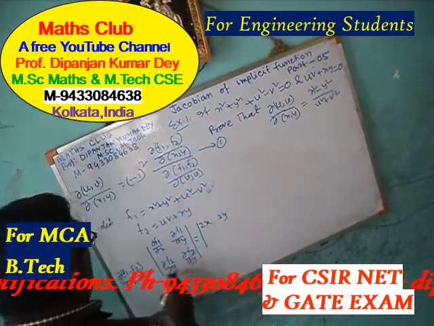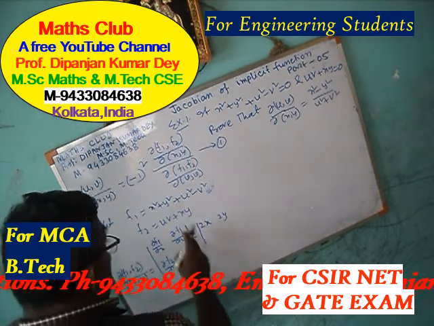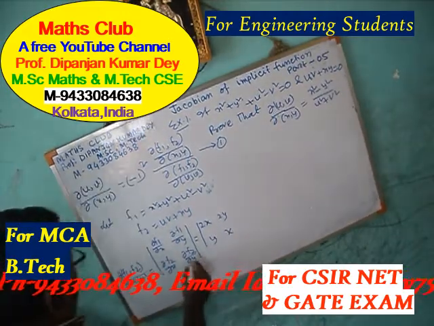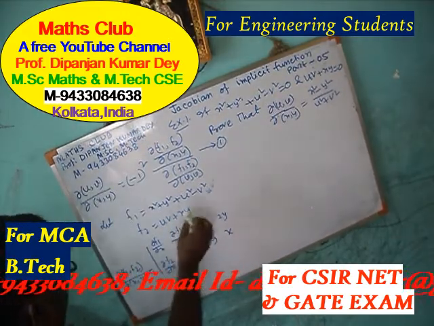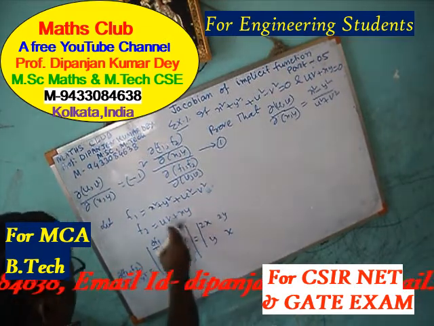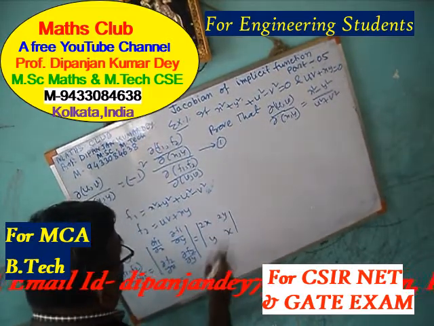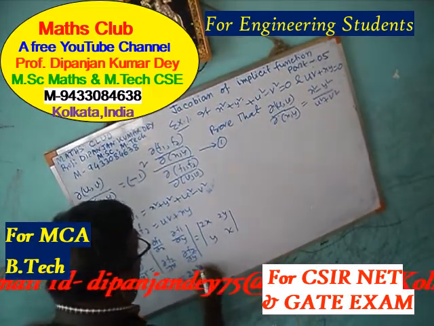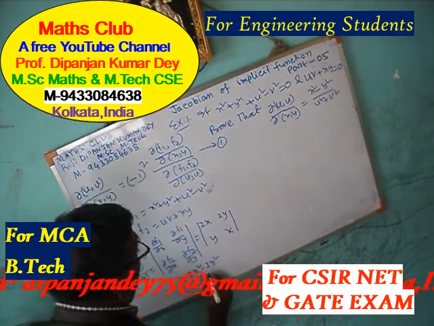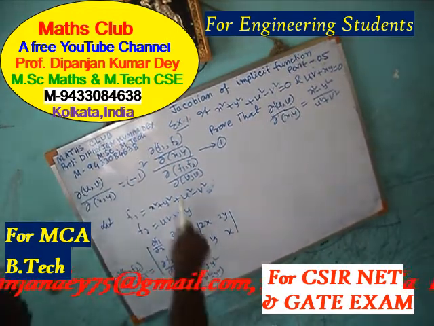Del f2 by del x, with respect to x, is y, and del f2 by del y, with respect to y, is x, and the other two are constant so they are 0. So this into this minus this into this gives 2x square minus 2y square. So 2 I can take common, that is 2 times (x square minus y square), right? So that is the numerator part I have found.